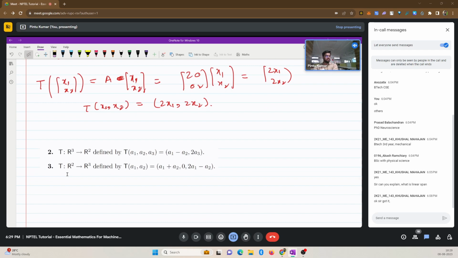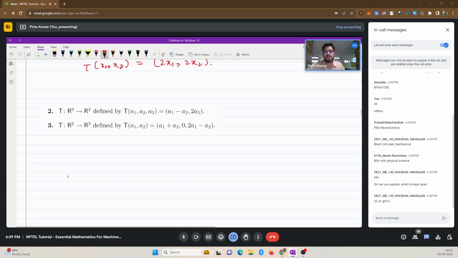So here is the other way around. Now you are given some linear transformation, and what we have to do is obtain the corresponding matrix for this linear transformation. One thing that you should remember is that whatever matrix you obtain would be with respect to some basis.